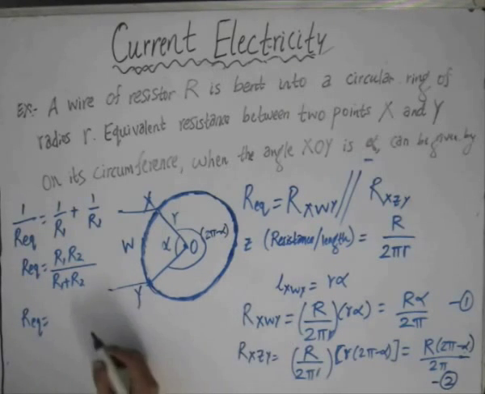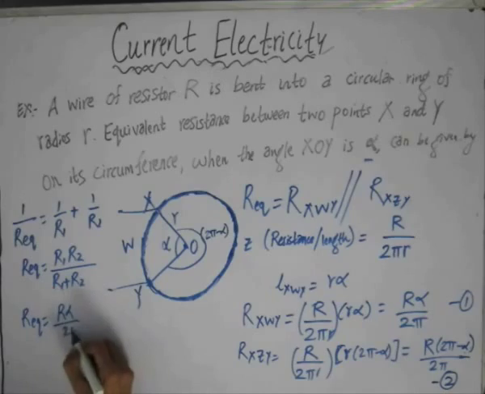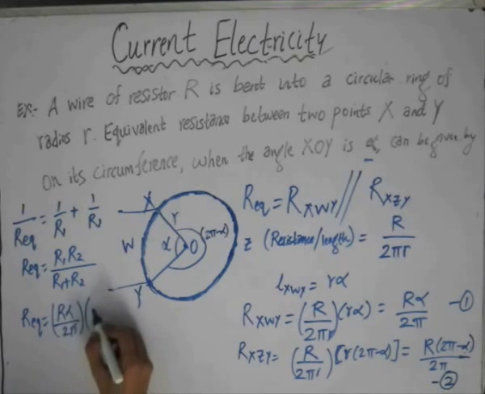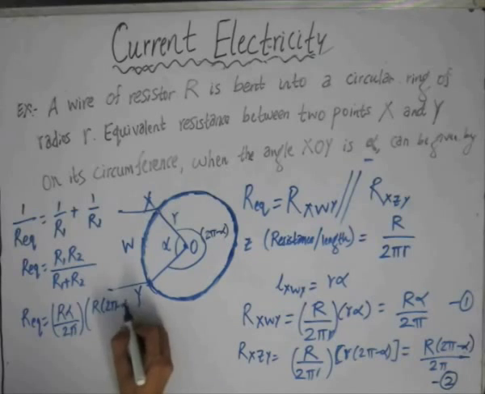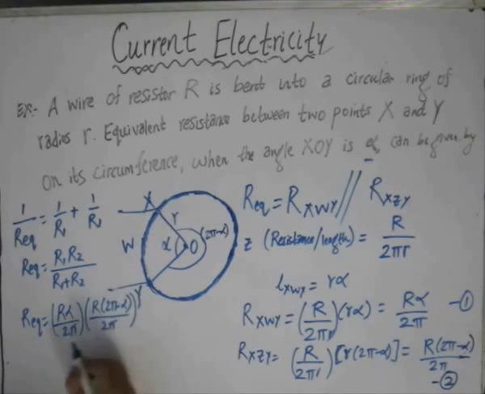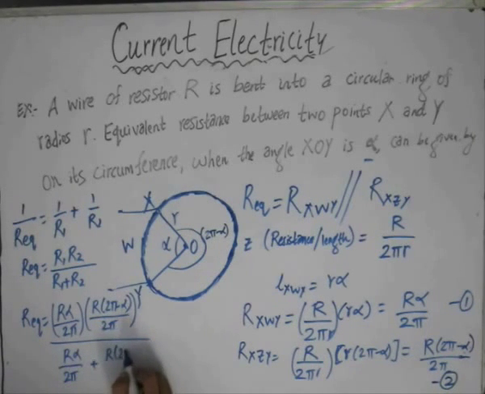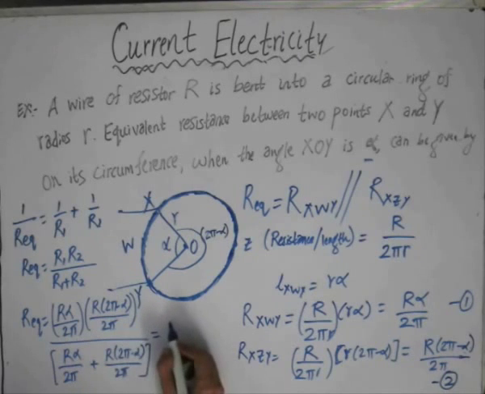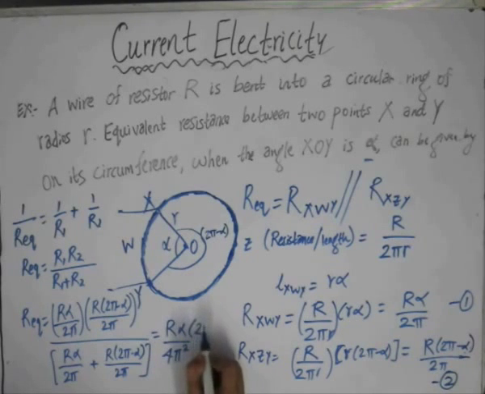After substituting these values, we get R alpha upon 2 pi times R times 2 pi minus alpha divided by 2 pi, divided by the sum of the two. After solving this, we get an expression which is R times alpha times 2 pi minus alpha divided by 4 pi squared.